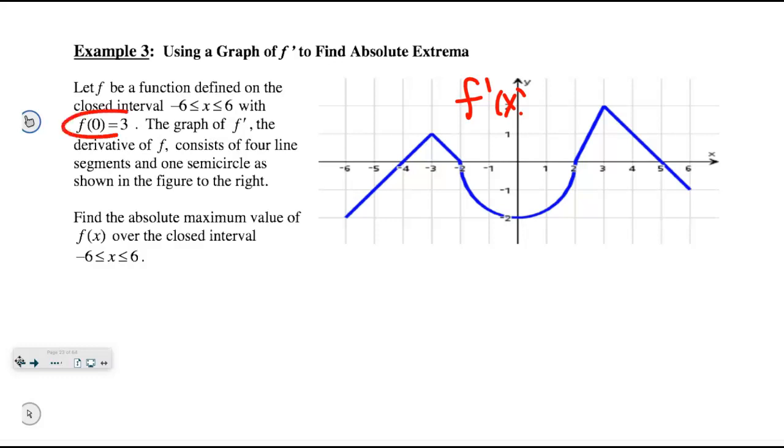It says f of 0 is 3. What does that represent in the context of this problem? F of 0. Starting amount, right? Of whatever it was that was changing. We talked about snowfall yesterday. So at hour 0, there were 3 inches of snow. And then I lost some, gained some, lost some going forward.